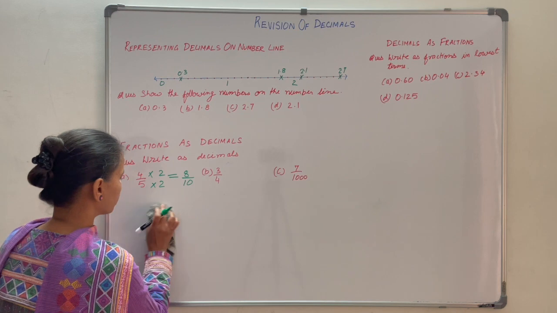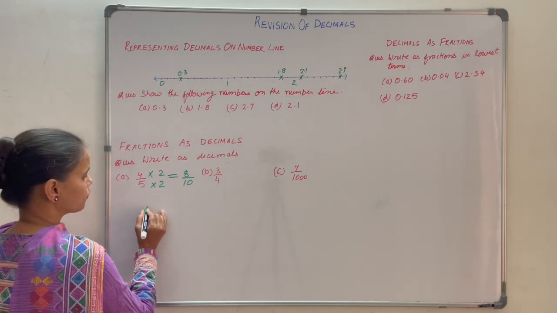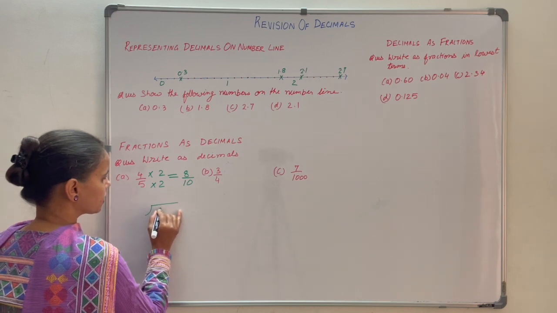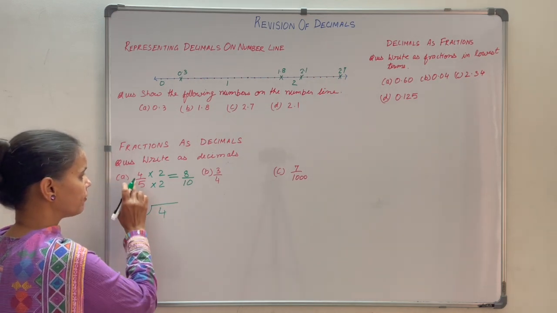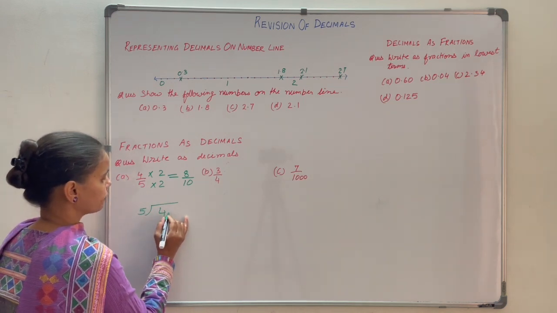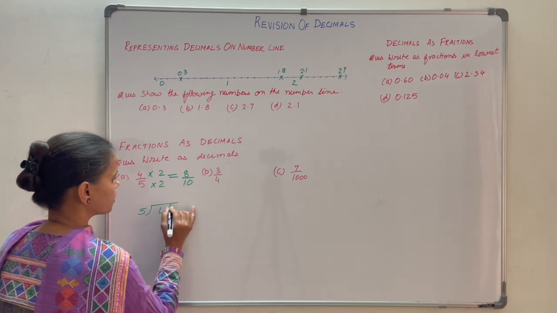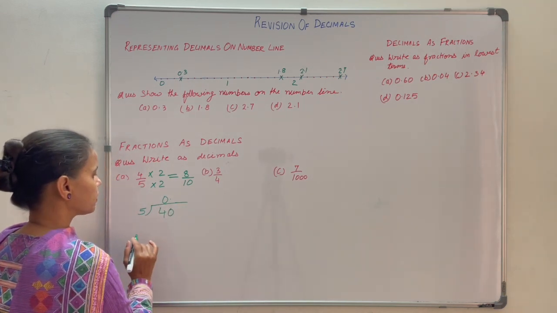What if the denominator is not 10? So what are you going to do? You have to just divide the numerator by the denominator. That's what you have to do. 4 by 5 means 4 divided by 5. So 4 will not go by 5, so you need to put one 0 here and one decimal point here in the quotient.